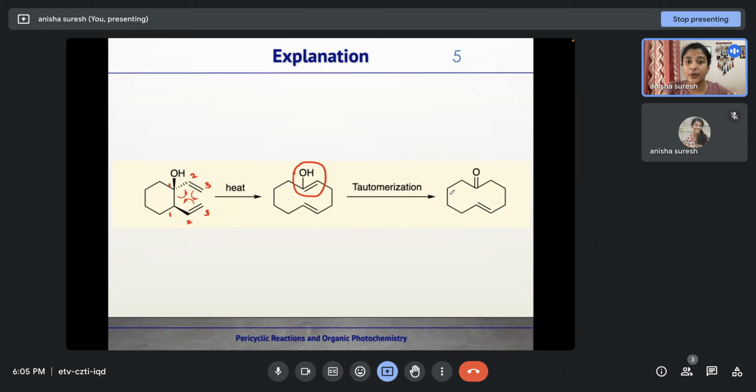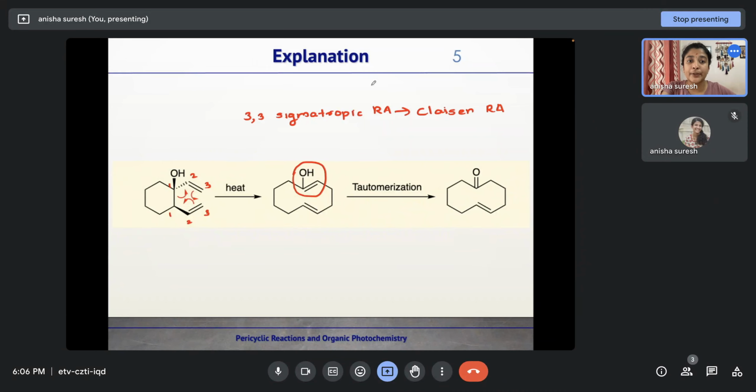So here two reactions are taking place. First a 3,3 sigmatropic rearrangement. Since it involves oxygen, this can be called a Claisen rearrangement.